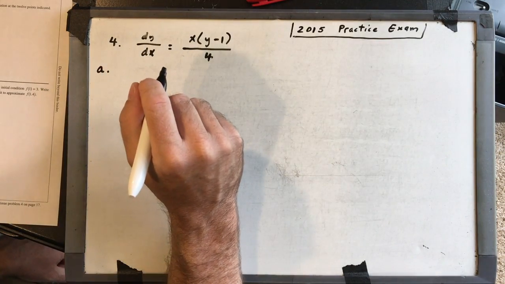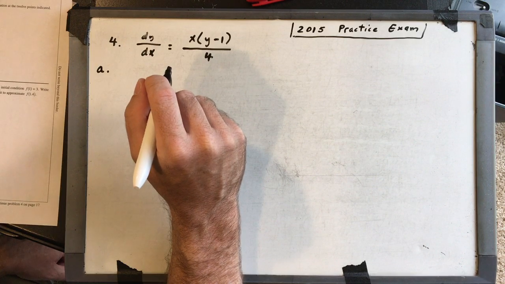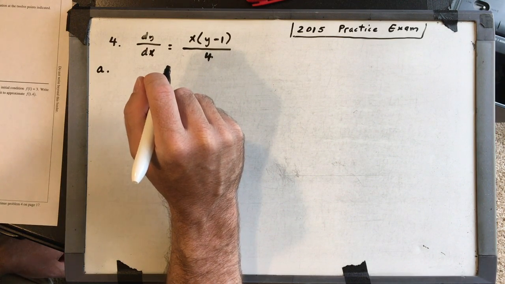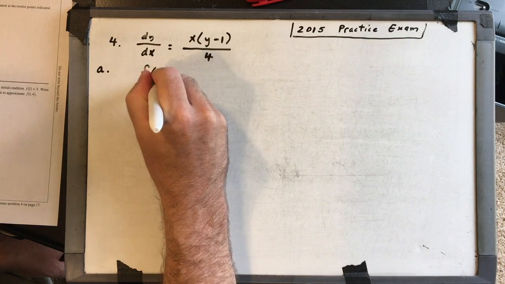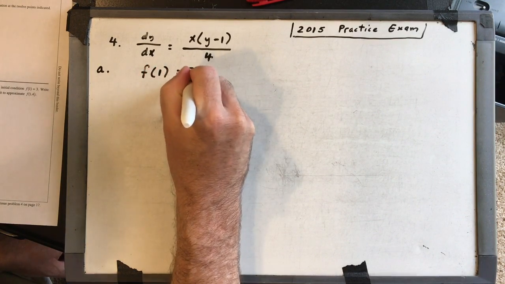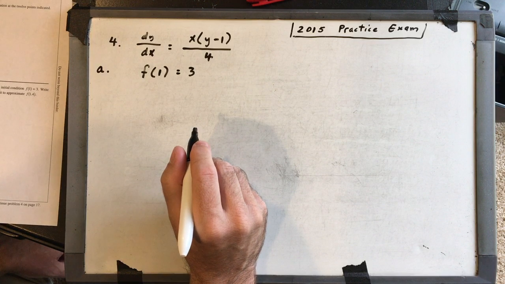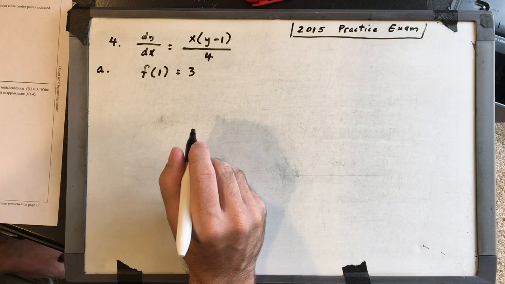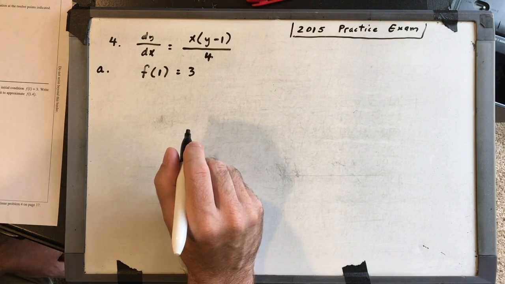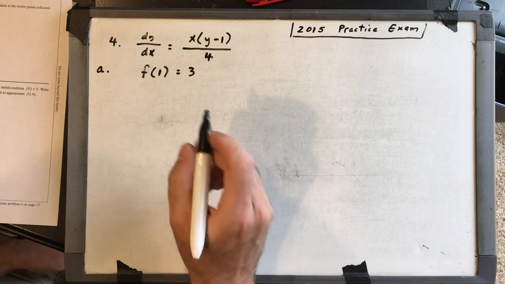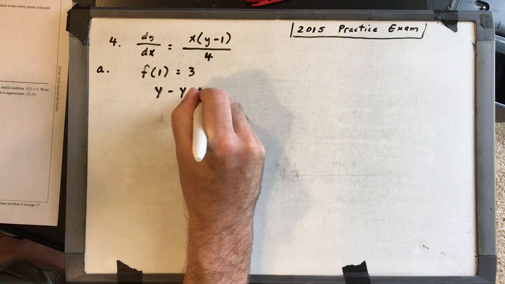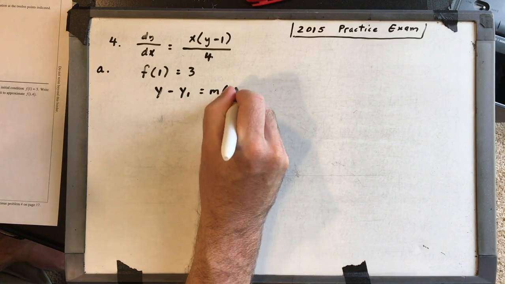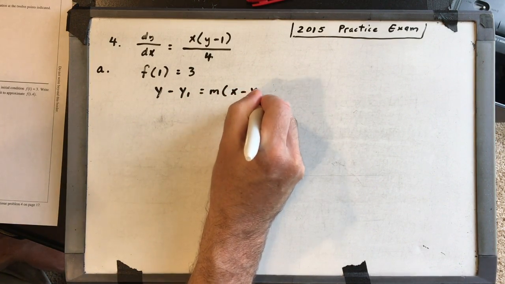Okay, part B says let f of x be a particular solution to the differential equation with initial condition f of 1 is equal to 3. Write an equation for the line tangent to the graph at the point (1, 3) and use it to approximate f of 1.4. Okay, so our tangent line equation, y minus y1 is equal to the slope times x minus x1.